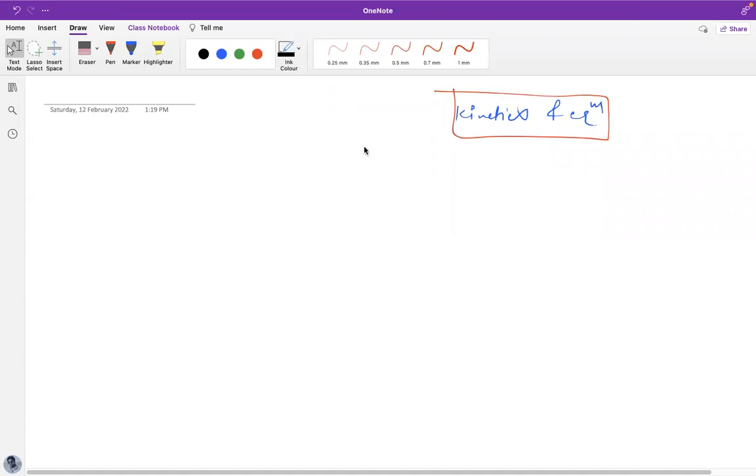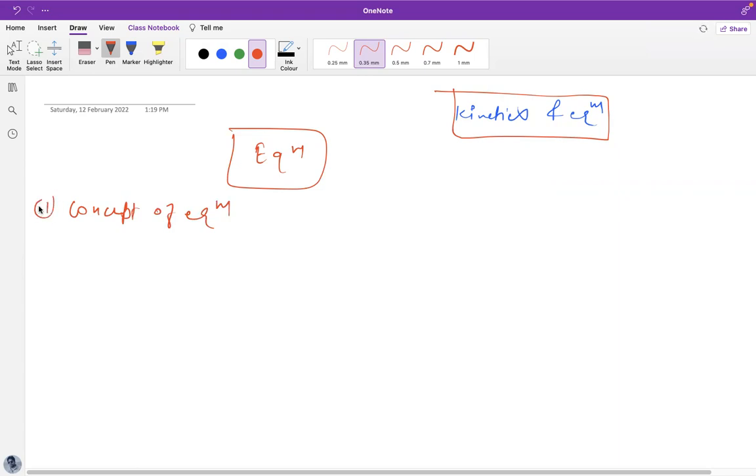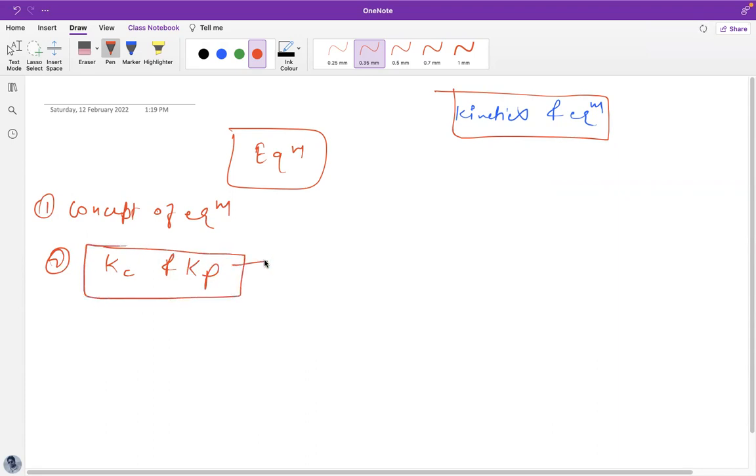So I am going to start with equilibrium. In this chapter, I will discuss the concept of equilibrium. And second thing, I will discuss how to write Kc and Kp. This is basically the equilibrium constant, means you can say expression of equilibrium.